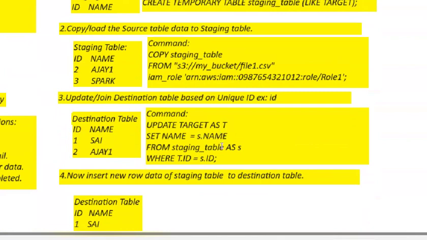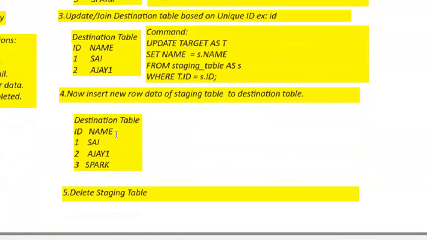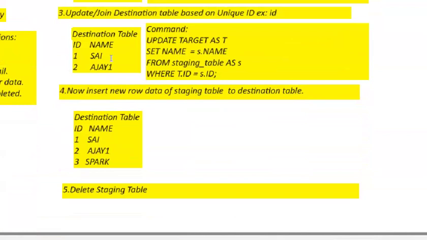S.name. What is S? Staging table.name. This is my staging table, and under this, the name for that particular ID is what? Ajay1. So that will be set to the name of our destination table. So by using this command, this will be executed, and we just updated the destination table based on unique ID.